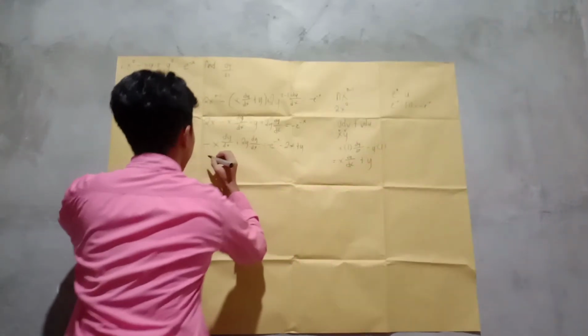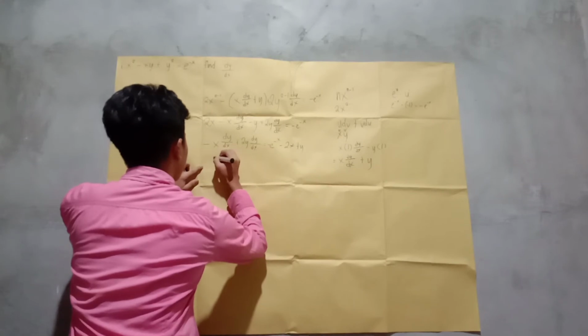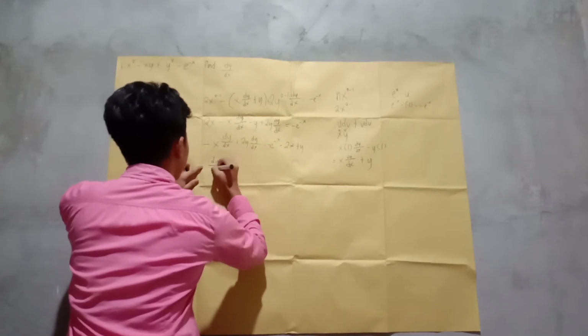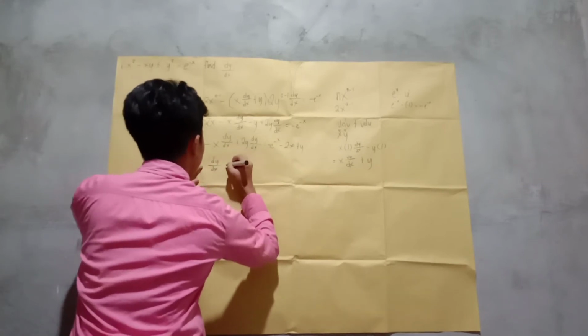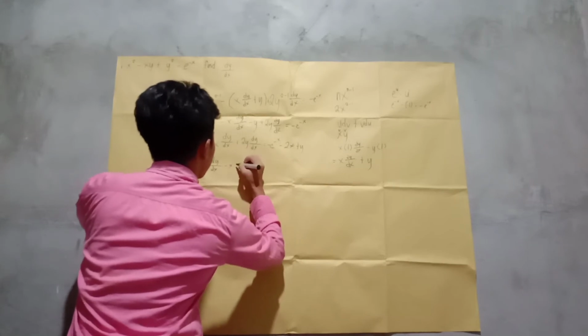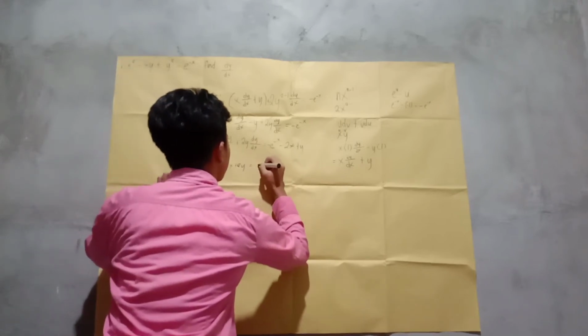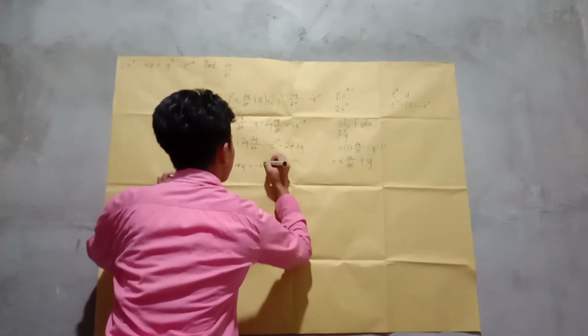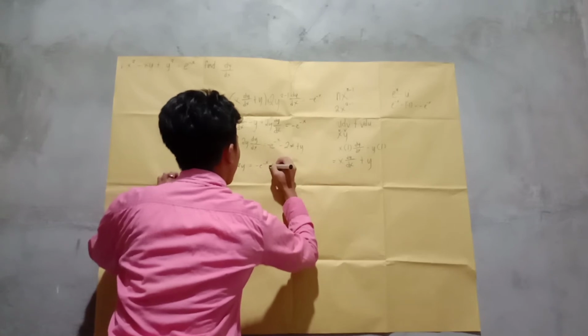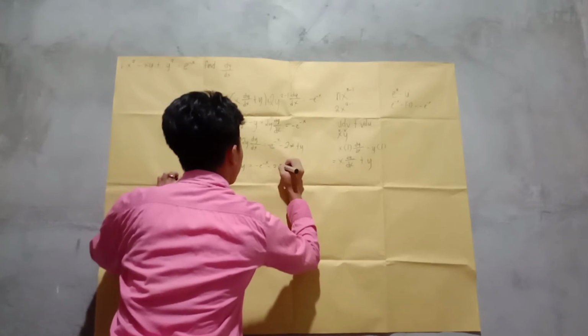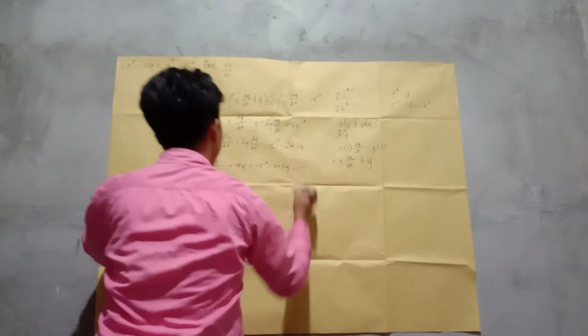So dy over dx times negative x plus 2y is equal to e raised to negative x minus 2x plus y.